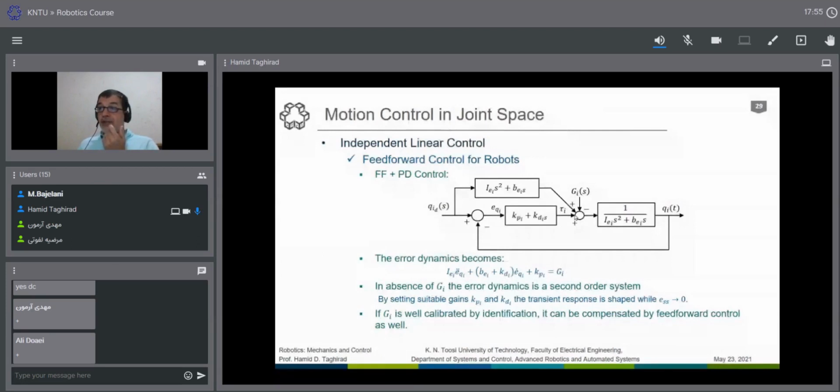So what we can do with the same idea of having a feed forward here, this is the last point in a feed forward control: if we can calibrate that, if we can find what is the Gi, if we know beforehand, for example, at each point or at each configuration, what this Gi is as a function of time or as a function of the trajectory, then we can have another feed forward case.